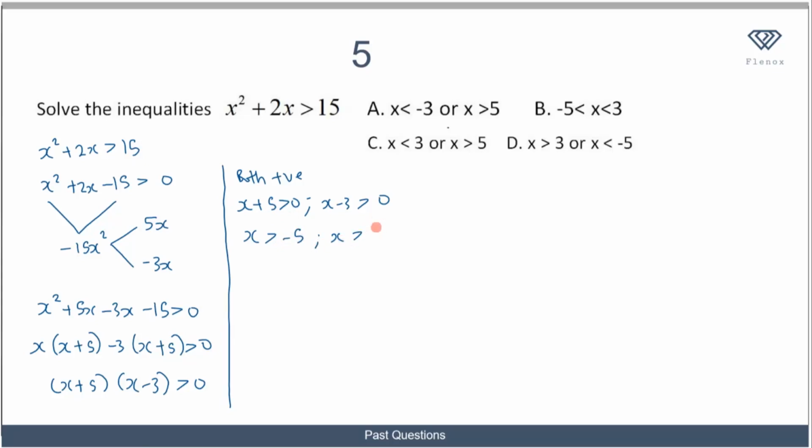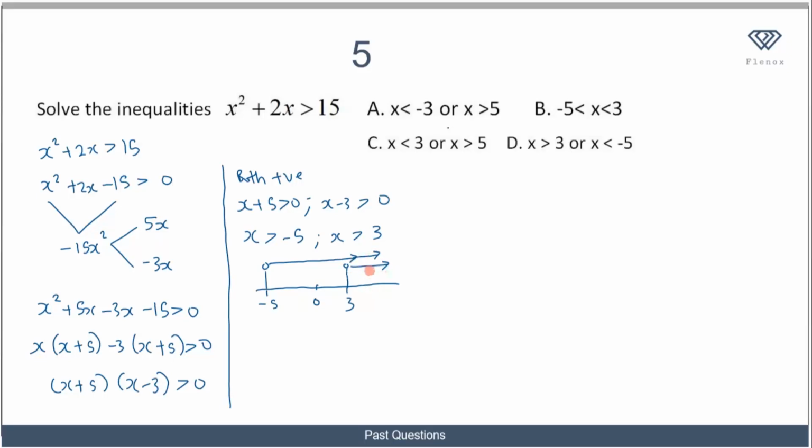So when we want to combine this, we look at the number line, which is we have 0 and we have minus 5 here and we have 3 over here, and we are told that x is greater than minus 5 and that x is also greater than 3.